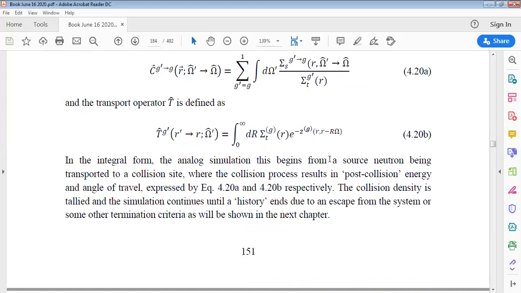So the collision density is tallied, and the simulation continues until a history ends. Now, what is a history? A history is from the beginning of life to the end of life. What is the beginning of life of a neutron? It is when it is emitted as a source neutron. What is the end of life of a neutron? It is when it either escapes from the system or it gets captured, absorbed, radiative capture, simple absorption, disappears. So that is the end of life of a neutron.